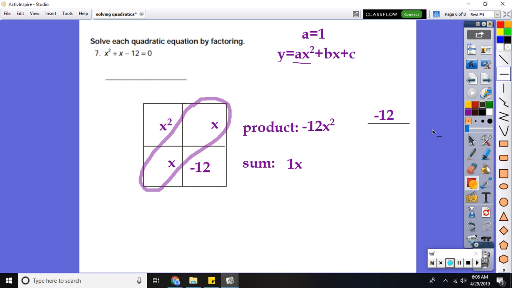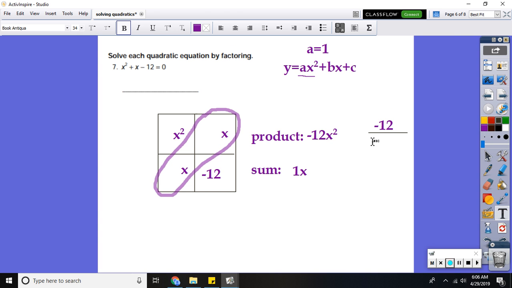You could have 6 times 2. Of course it's negative, so it's actually negative 6 and 2, or negative 2 and 6. You could also have negative 4 and 3, or negative 3 and 4. And then of course negative 12 and 1, or negative 1 and 12.